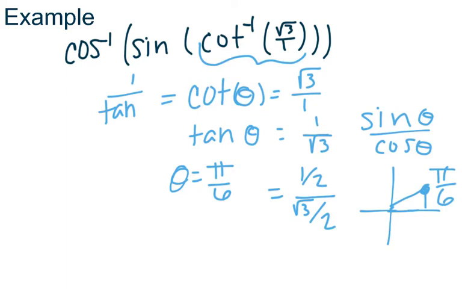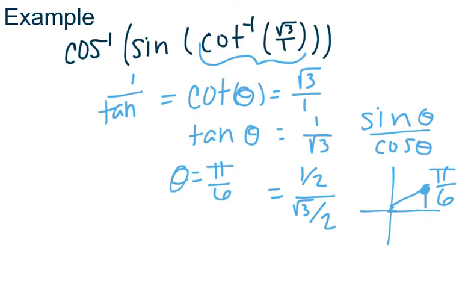I took a bunch of steps to make it simpler, so I got closer and closer to something that I already know. I started by rewriting this cotangent inverse as an equation where cotangent equals root 3 over 1, because those two statements are equivalent. Then I recognized that cotangent equals 1 over tangent, so what I was actually looking for was an angle where the tangent equals 1 over root 3.